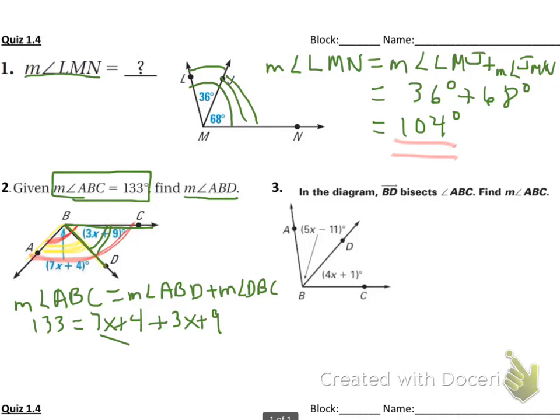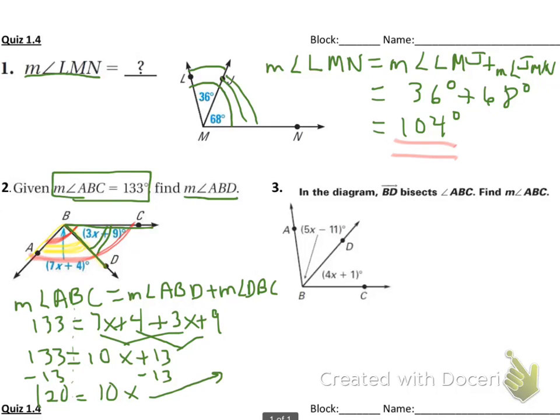So we're going to combine like terms. So I'm going to put my dotted line down here. Some of us need it, some of us don't. Is 10x. And then I'm going to do these two numbers together. Is 13 equals 133. I'm going to subtract 13 from both sides. I'm going to get 10x is equal to 120.